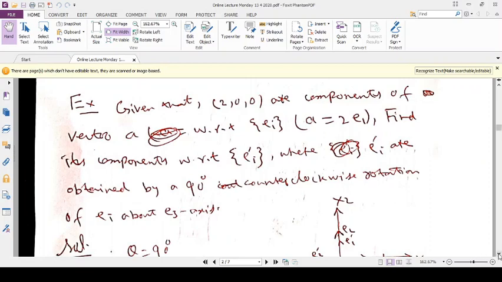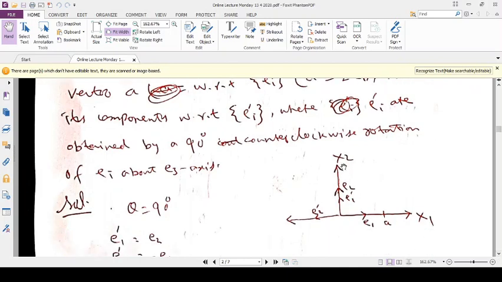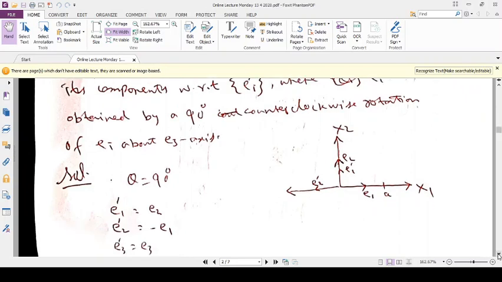That is, we are taking rotation about the x3 axis. This is simple, the geometry of the rotation. This is the x1 axis, this is the x2 axis, so E1 will be along x1, E2 will be along x2. So if you move with an angle of 90 degrees, then your E1 will be parallel to x2, which is E1 dash, then E2 will be E2 dash here. x3 is the fixed axis.